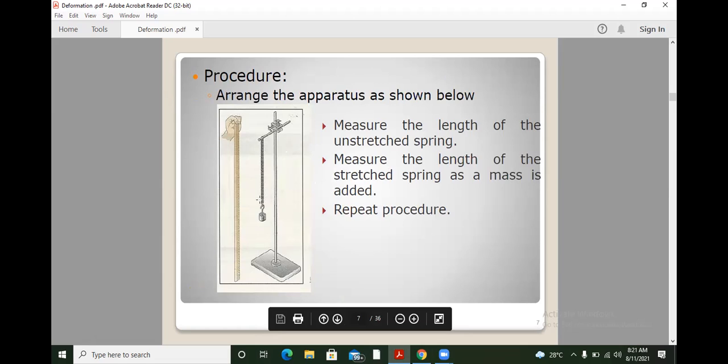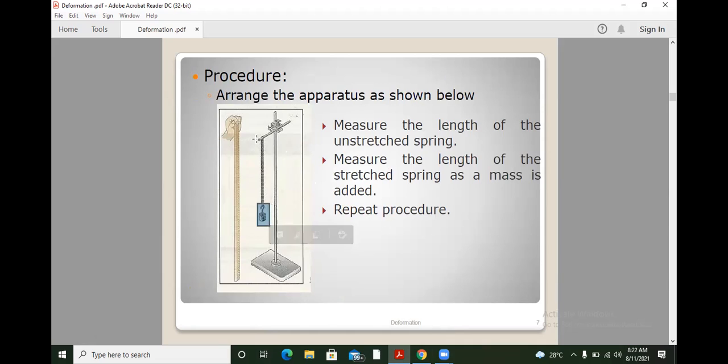We have to measure the unstretched spring. First of all, we have to measure the length of the spring without mass, so we have to find out the length first.